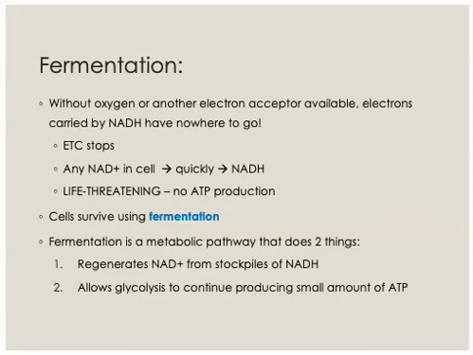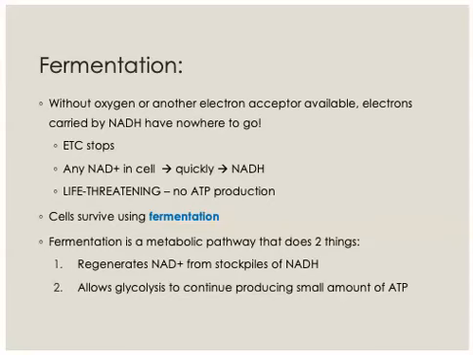When this occurs, a cell can survive using a completely different metabolic process called fermentation. Fermentation, therefore, is a metabolic pathway that does two critically important things for that cell.